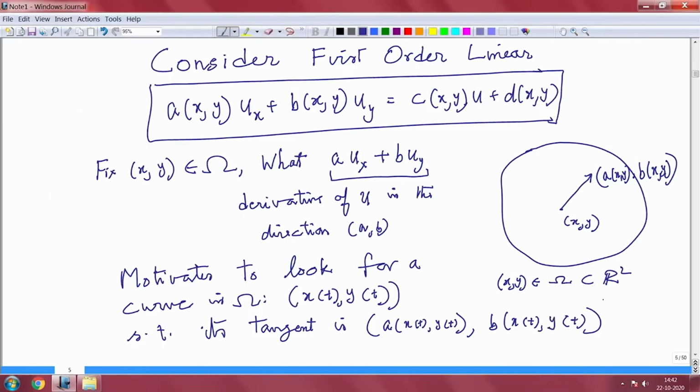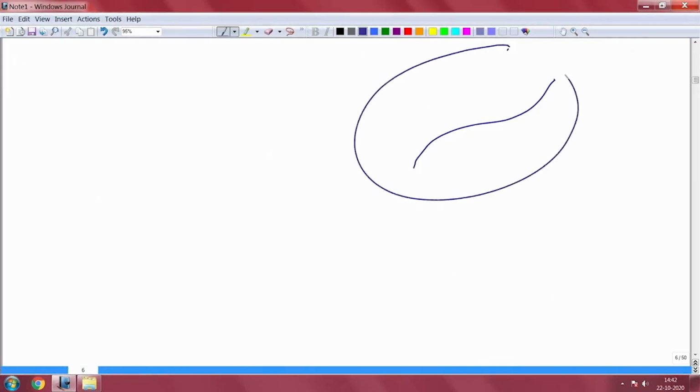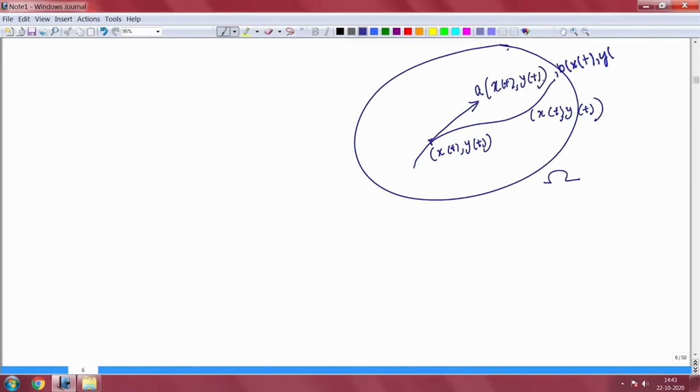So, you want to look for a curve in your domain omega, or R2, wherever the PDE is defined, on which at each point, this is the curve (x(t), y(t)). I am again telling you, t is a parameter here, it is not a variable. So, if this is (x(t), y(t)) for some t, at that point I need my tangential direction to be (a(x(t),y(t)), b(x(t),y(t))), and that is what you are looking at.